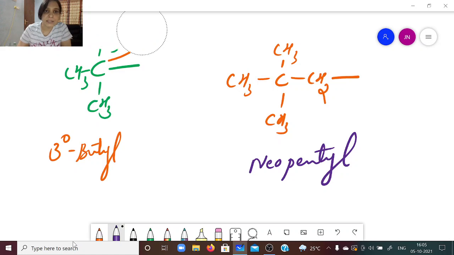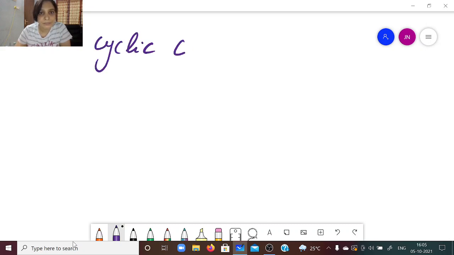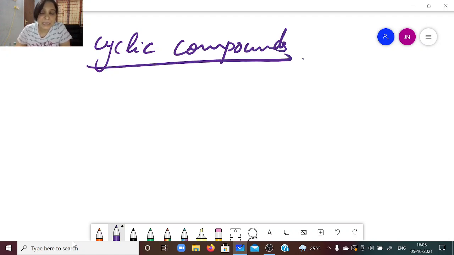Now, next is cyclic compounds. How can we name cyclic compounds? Let us see. Suppose we have to show the IUPAC naming of pentane. We can just draw a pentagon, and we should know that it is cyclopentane.